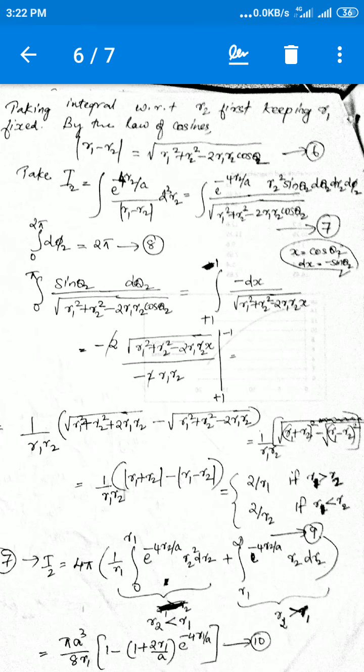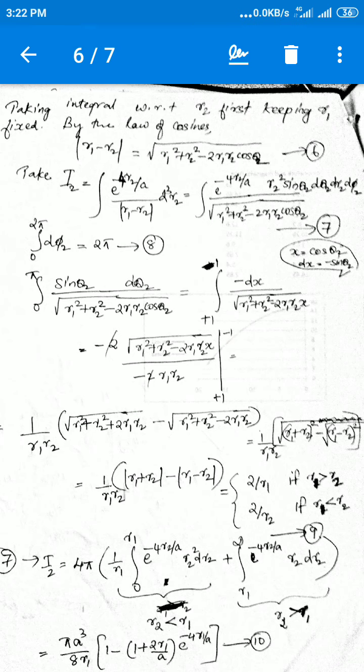Now we need only the term with R2. So integral 0 to R1 e raised to minus 4 R2 by a into R2 square dr2. That term comes when R2 is less than R1.